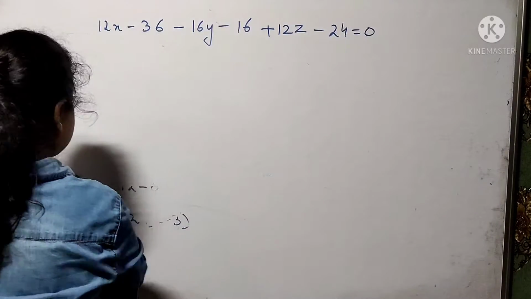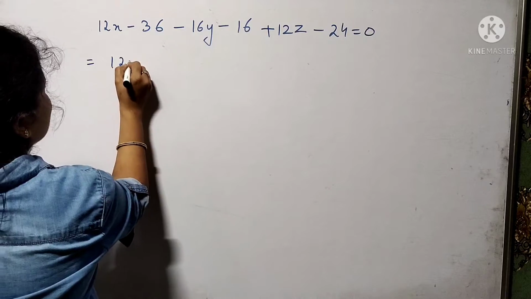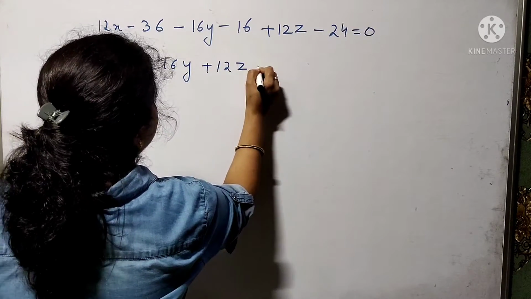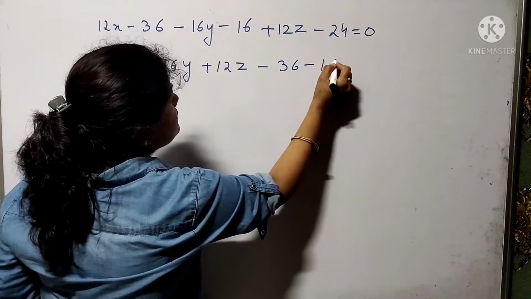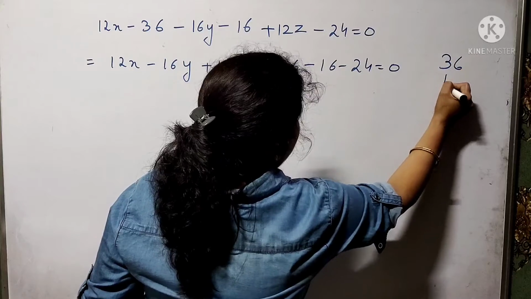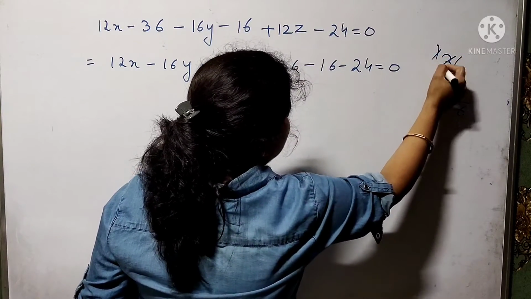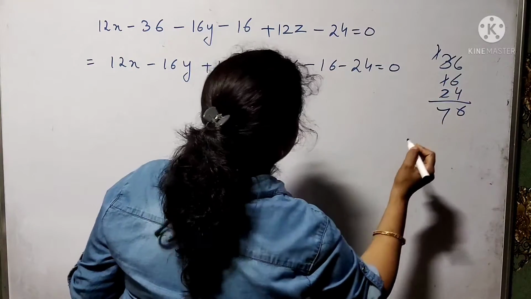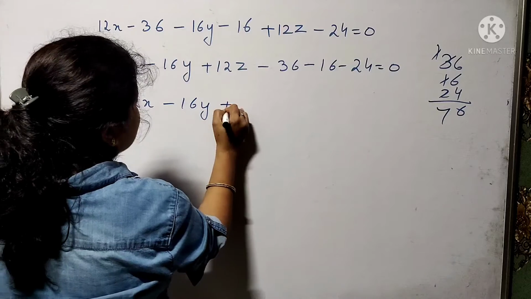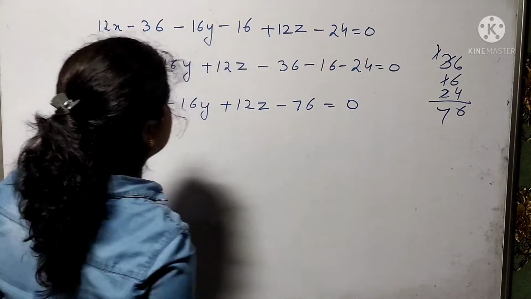This is the Cartesian form of the equation of the plane. Now 12x minus 16y plus 12z minus 36 minus 16 minus 24 is equal to 0. When we add, what do we get? 76. That is 12x minus 16y plus 12z minus 76 is equal to 0.